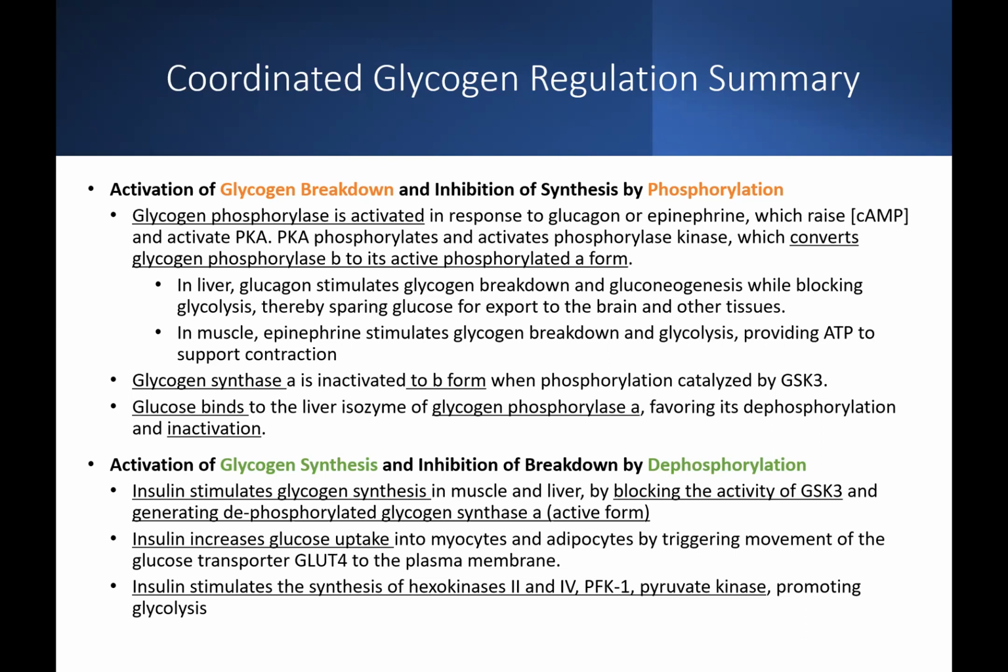And that logic is breaking down glycogen in the fasting state, engaging in gluconeogenesis, yes. Inhibiting glycogen synthesis, yes. Inhibiting glycolysis, yes. And then for any given enzyme, you can think about that and say, well, this enzyme must be inhibited or this enzyme must be activated.